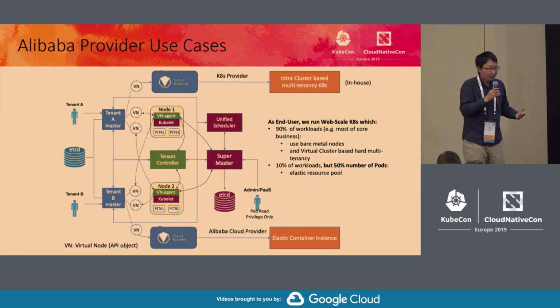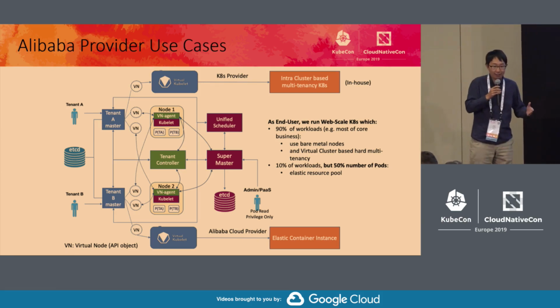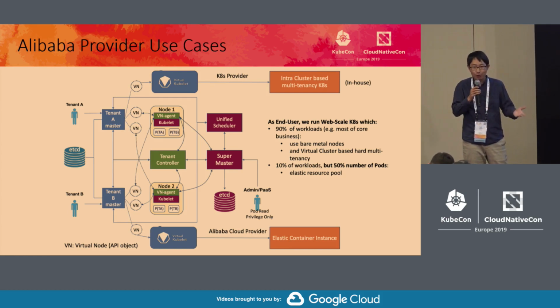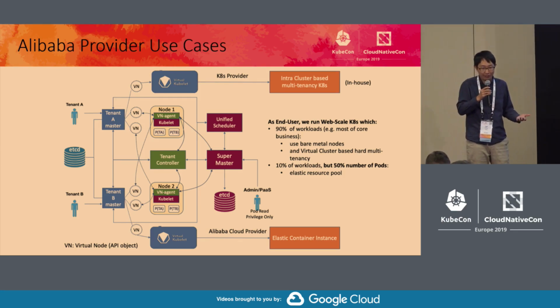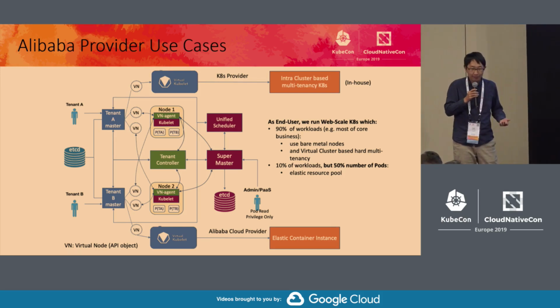But as you can see here, for this virtual cluster, let's look at where their nodes come from. Actually, these nodes come from two different approaches. The first approach is from the real underlying cluster. And actually, from the tenant view, they only see virtual nodes. They do not know where these virtual nodes come from because a virtual node is basically an API object which is created by the virtual node agent or the virtual kubelet. So what's the difference?